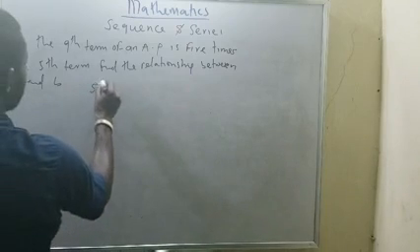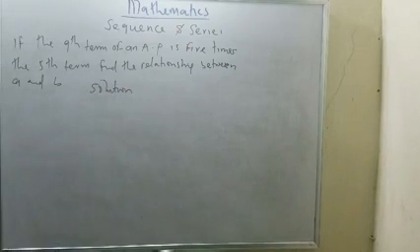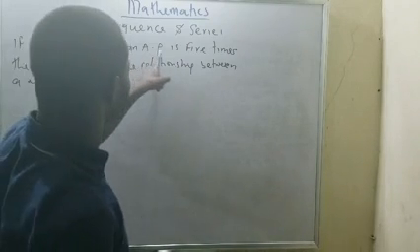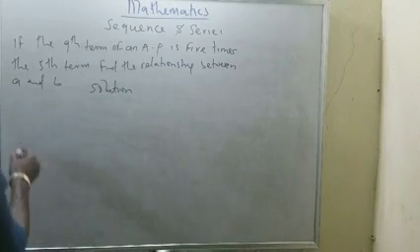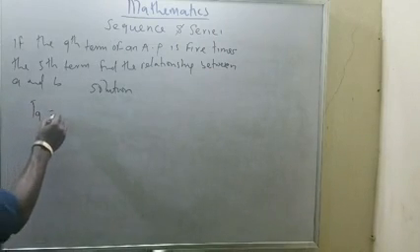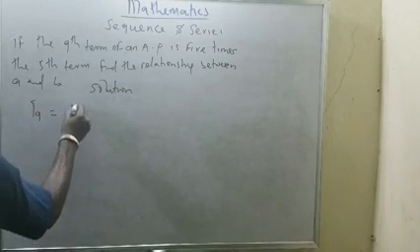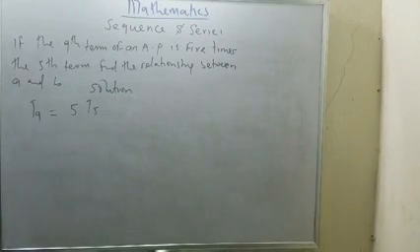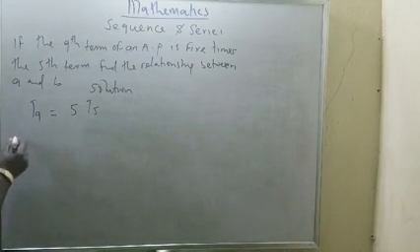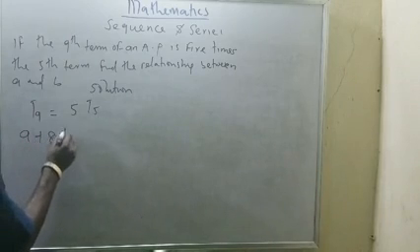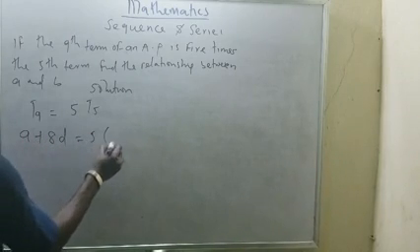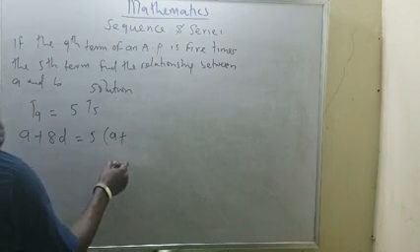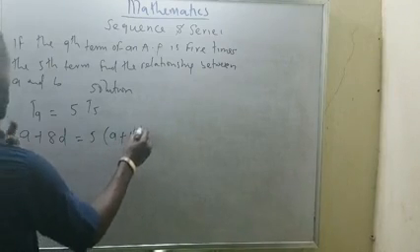Now, solution. The statement of the AP is, my T9 is 5 times of what? T5. That's the statement. Without going far, a plus 8d equals 5 bracket of a plus 4d.